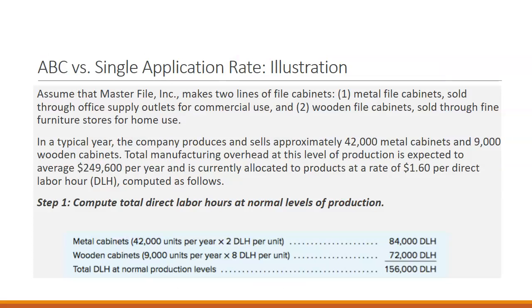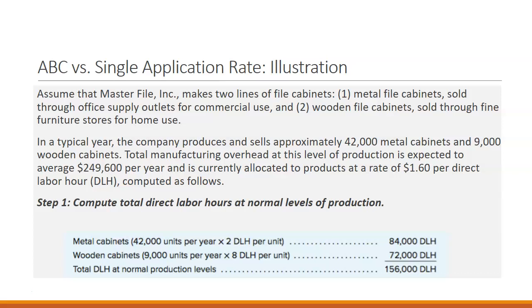In this example, we start with a single application rate. We have a company that makes 2 lines of filing cabinets. They make metal filing cabinets and wooden filing cabinets. In a typical year, they sell 42,000 metal cabinets and 9,000 wooden cabinets.